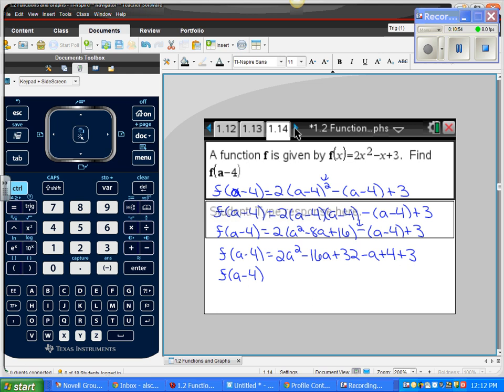I don't have any other squares, so I have my 2a squared to begin. Negative 16a minus a is negative 17a. Plus 32 plus 4 plus 3 is plus 39. And there it is. Go ahead and move on to the next.